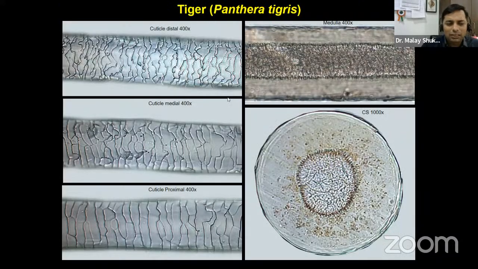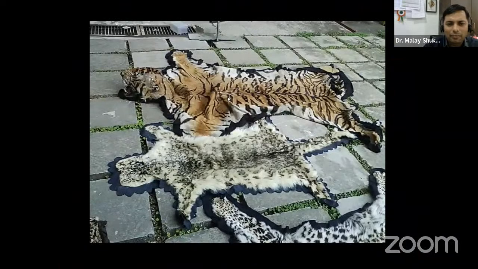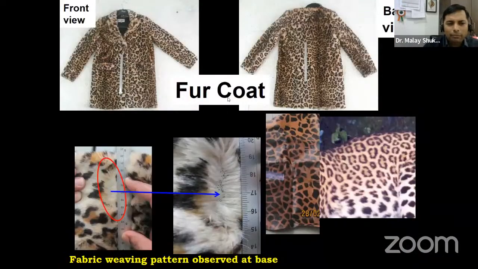Another way, obviously, is to identify the species using morphometric characteristics like cuticular and medulla patterns that have been defined in that manual, so I'll not go deep into that. Likewise, the same applies to the leopard, whether it is a fabricated fur coat or a genuine one. The rosette pattern says it all.